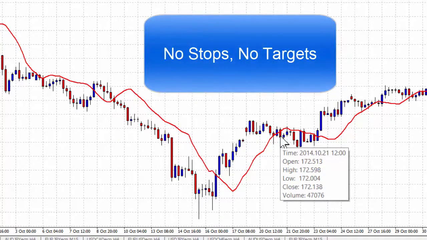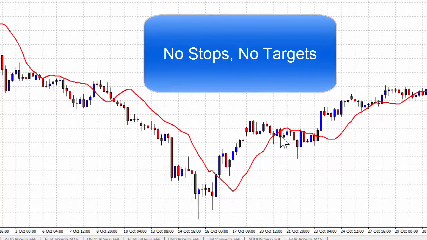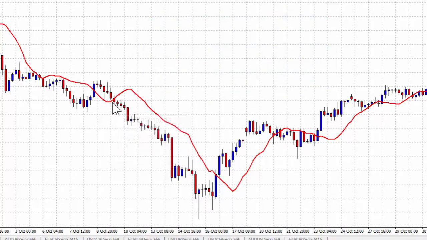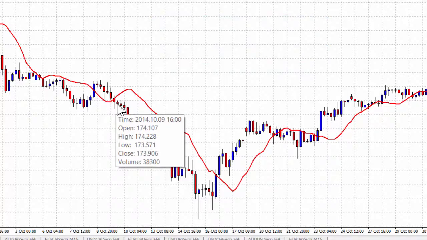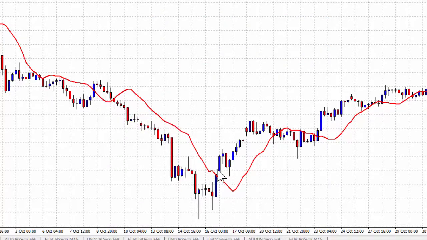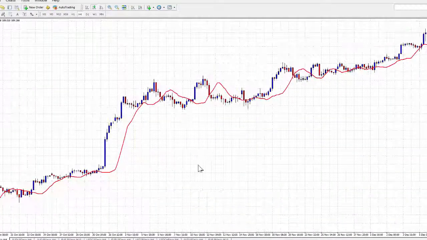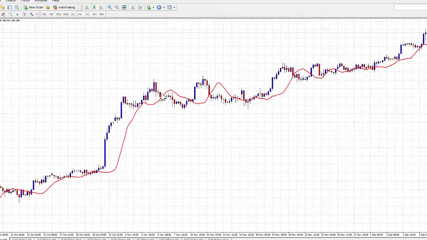One doesn't have to use stops. You don't have to use targets. You just enter when the price first enters a particular phase, and you exit when it crosses over the moving average into the next phase. Very simple system, and it looks quite effective as a trading system.